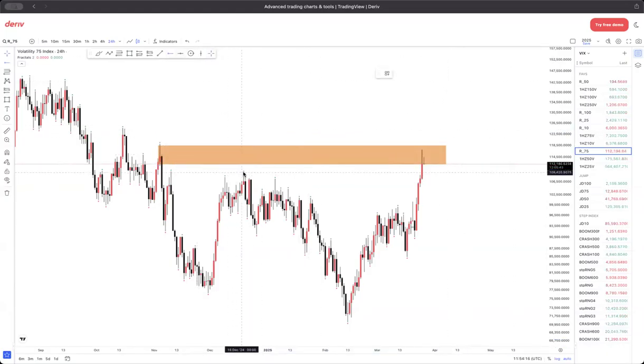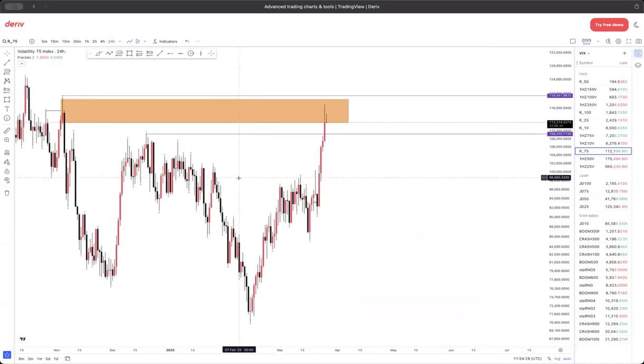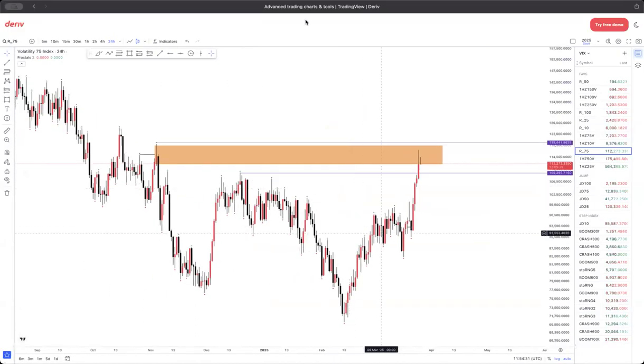Structural liquidity there, and a sweep of liquidity at this point. So now you want to see V75 dumping. Where is the target? This should be the target.